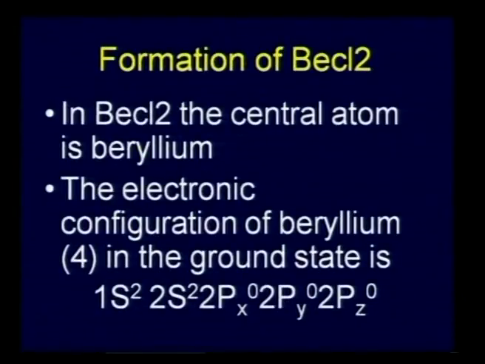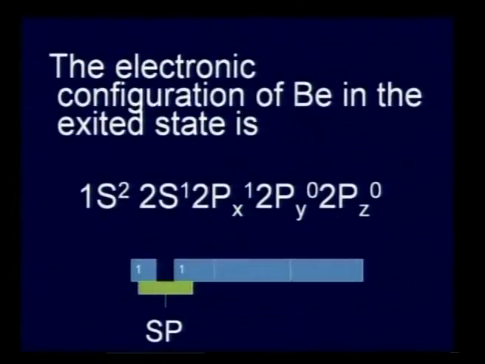The electronic configuration of beryllium in the ground state is 1s2, 2s2. In the excited state it is 1s2, 2s1, 2px1. Here, one electron is promoted from 2s to 2px, because there are not sufficient unpaired electrons for bond formation. Are you getting my point?